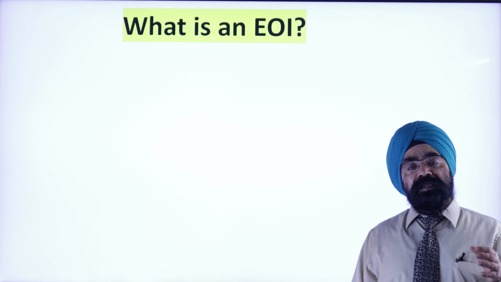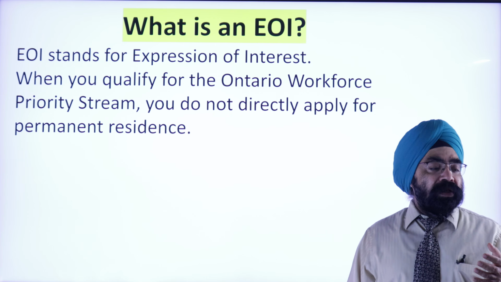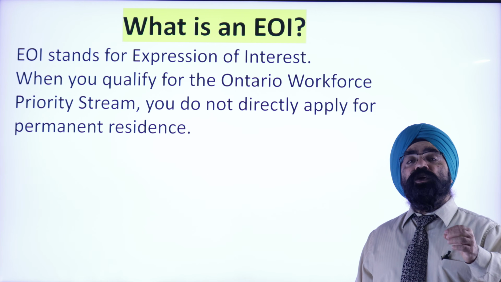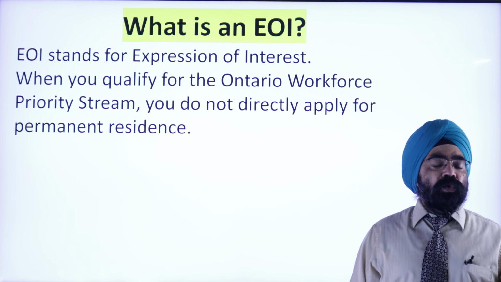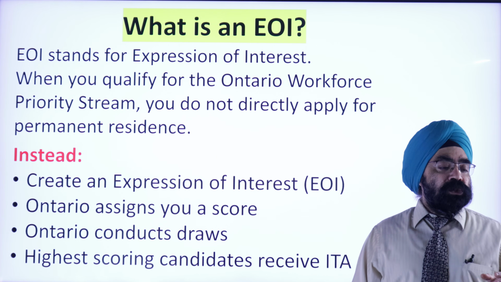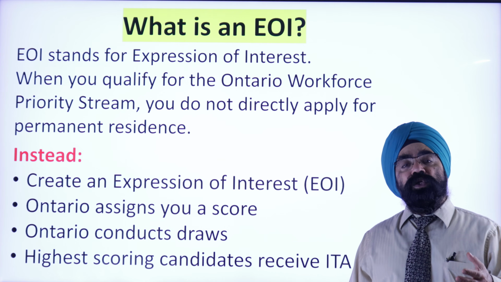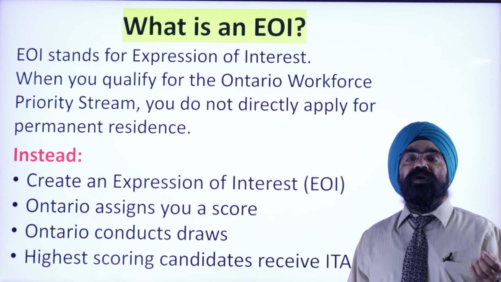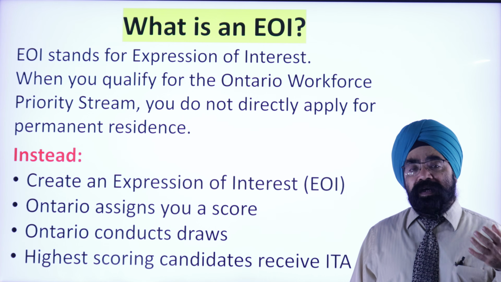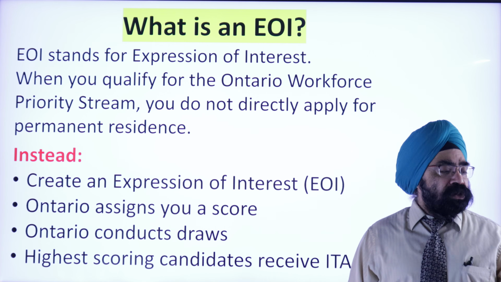Once the job offer is on the Ontario portal, you can get the code, and then you work with your consultant and they can create the profile for you. Once you create the profile, that is the point where you go into the pool and you will be assigned a score. That is the score we are talking about in this video. Once Ontario gives you that score, Ontario conducts the draw, and the persons with the higher scores will be given an ITA. So this is how it works.